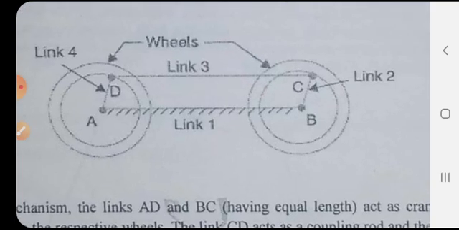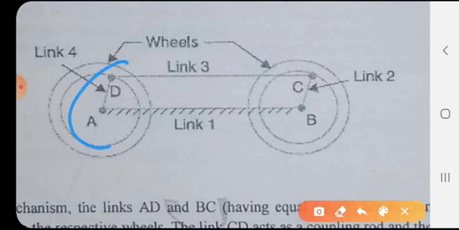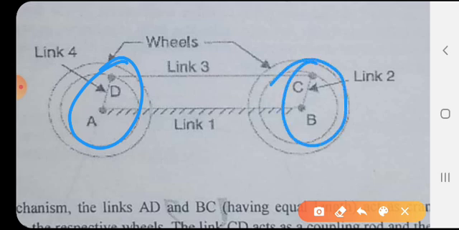The mechanism of a coupling rod of a locomotive is also known as a double crank mechanism, and it consists of 4 links as shown in the figure. In this mechanism, the link AD and the link BC have equal length and act as cranks. These cranks are connected to their respective wheels.